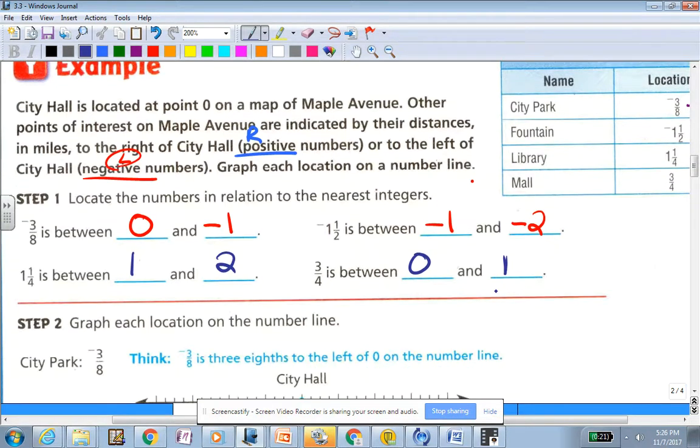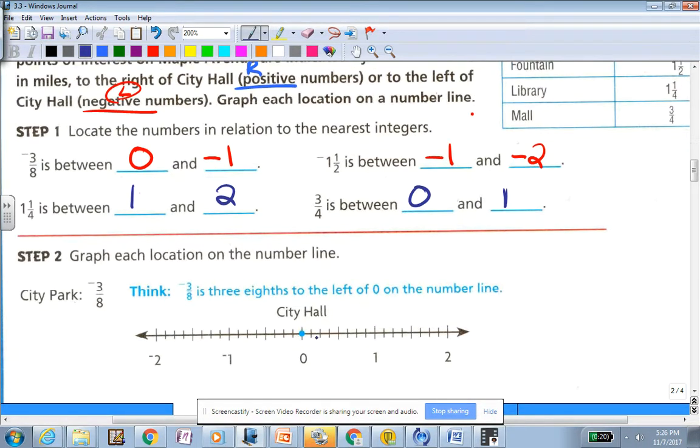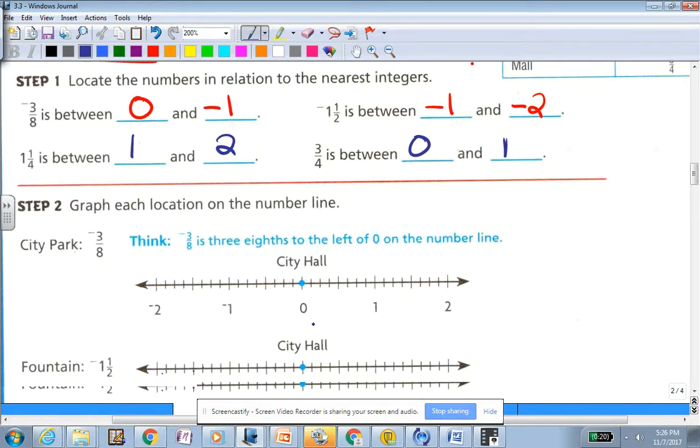Now, graphing each of these on the number line is going to look a little different because we have a horizontal number line. And in this horizontal number line, it looks like we've got a lot more tick marks or values. Well, let's count. 1, 2, 3, 4, 5, 6, 7, 8 lines in between. Could I think of them as actual eighths?